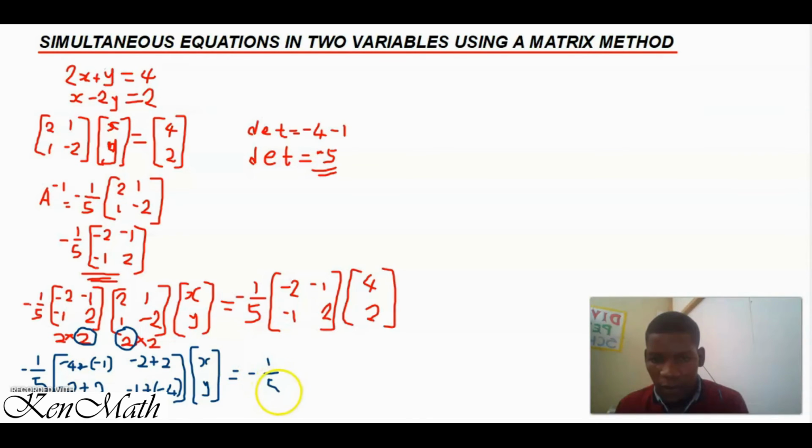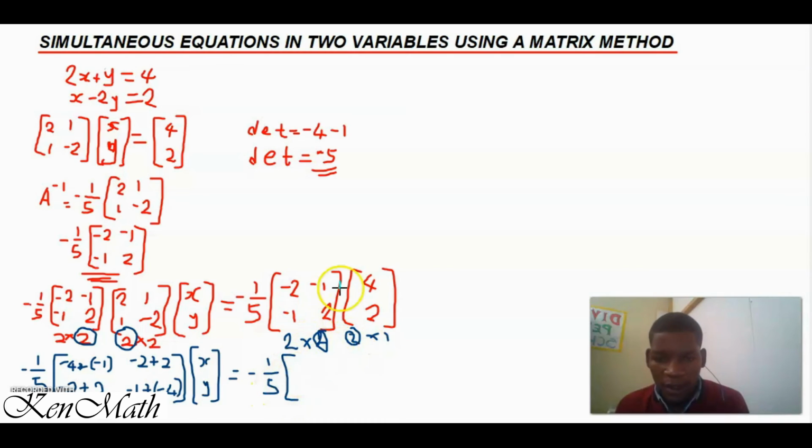And then this side also we do the same. 1/5, we multiply row by column in the other side. So this side we have got 2 multiplied by 2, and then the other side we have got 2 multiplied by 1. So it simply means these 2 and these 2 can be multiplied.